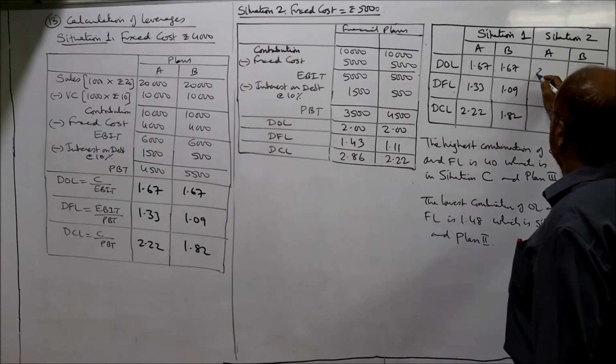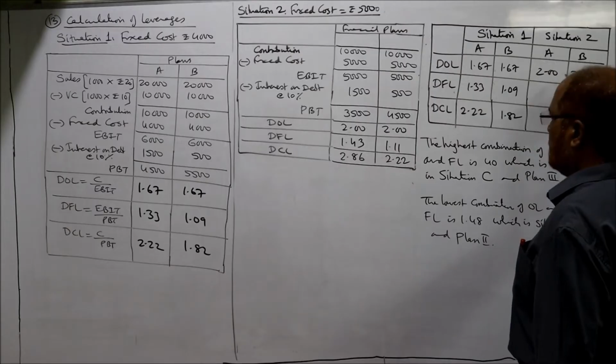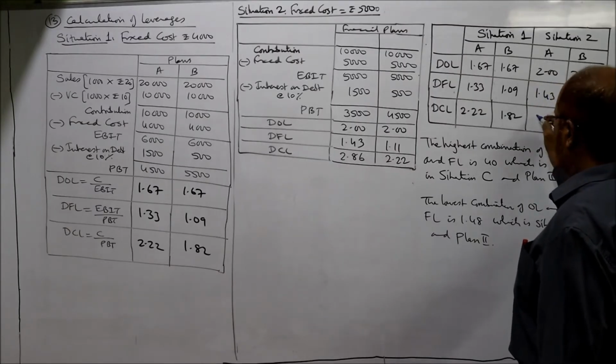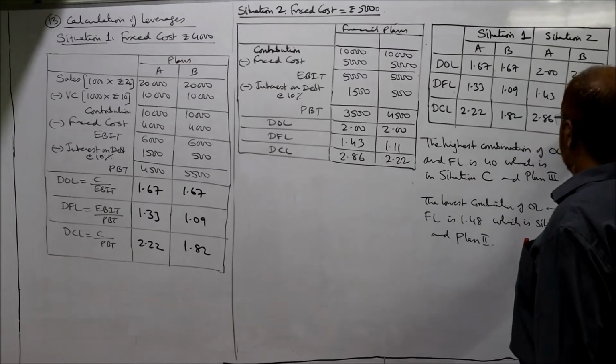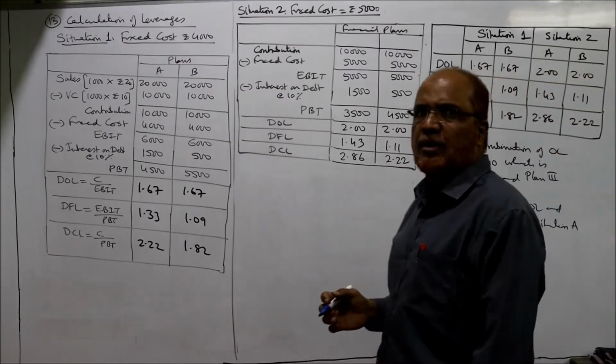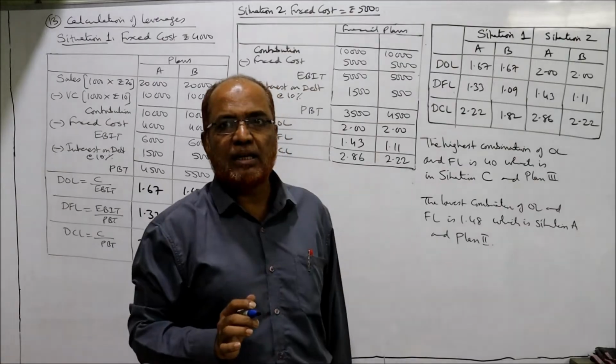Situation 2: here it is 2, 1.43, 2.86, 2.22, that's it. Now we have to find out the highest value and the least value.